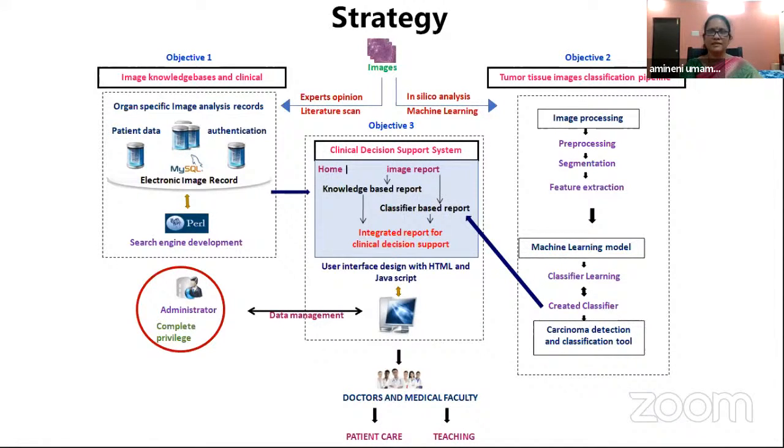And again, in the initial stage, there may be some mistakes. So we will iterate and correct this. If it is at par with the knowledge-based report, then we will integrate and finally we will get the output. And once we have this, then we will do the gene expression studies.